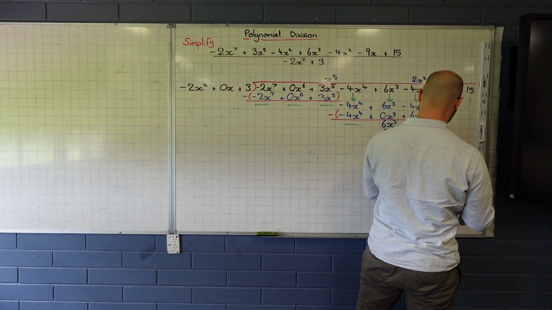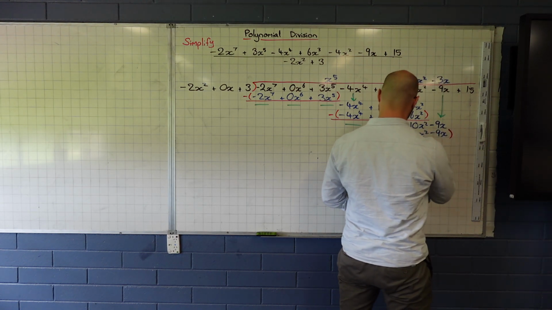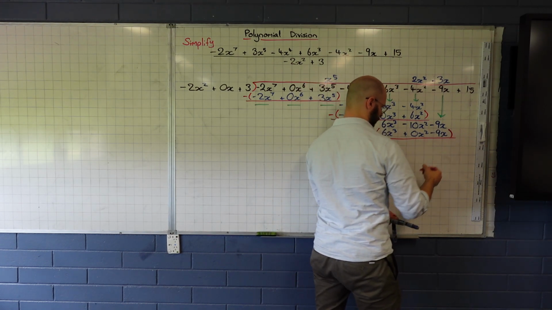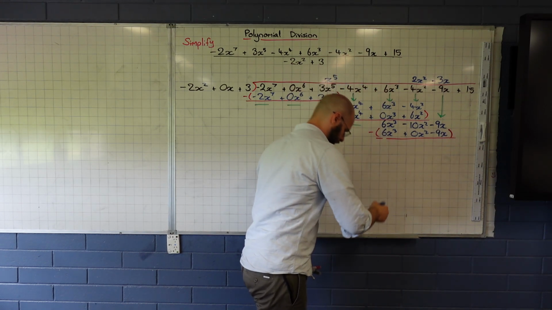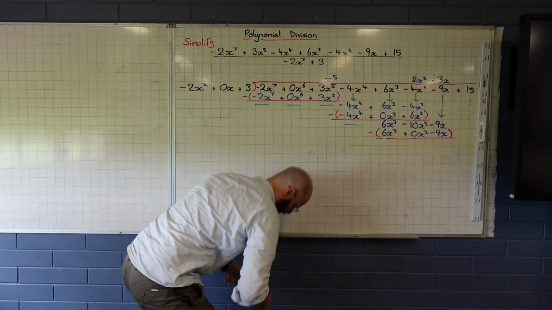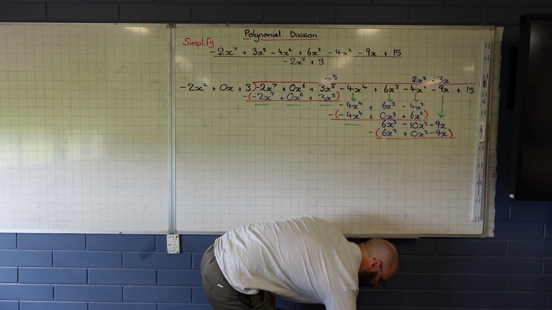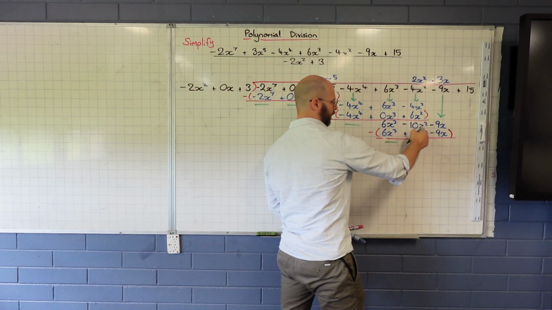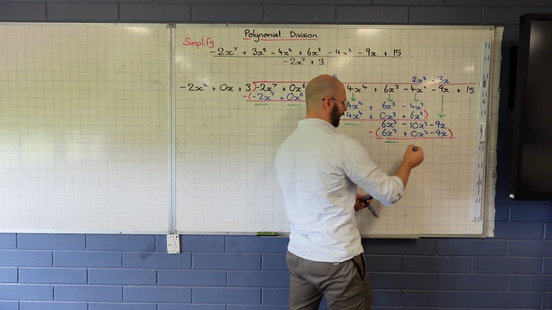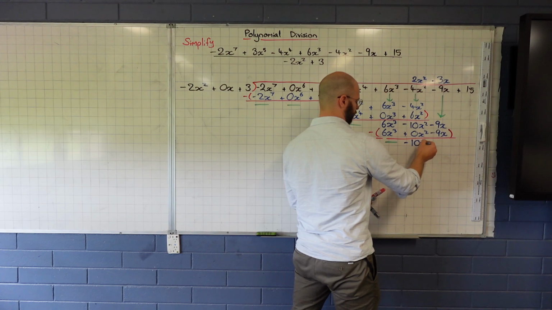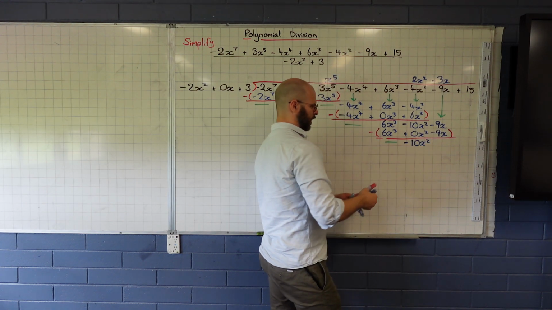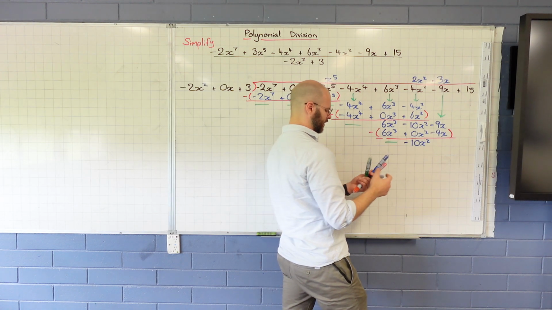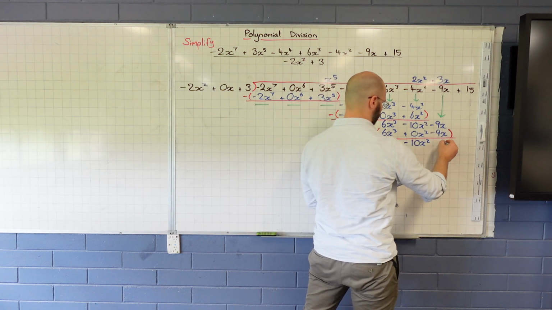Where are we? Subtract. We're going to cancel them out. The minus 10x squared comes down, and minus 9x take away negative 9x is going to cancel.